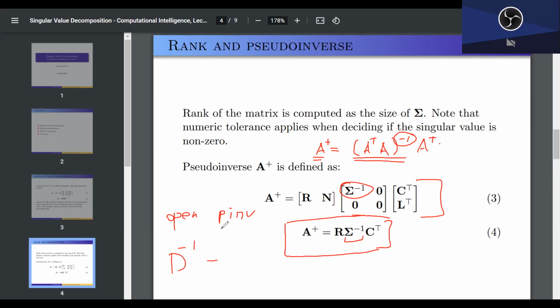is the transpose. No. Let me just write it like this. The inverse of a diagonal matrix is just 1 over its elements. Right? You're familiar with this fact, right? Let me, just in case you need a reminder.